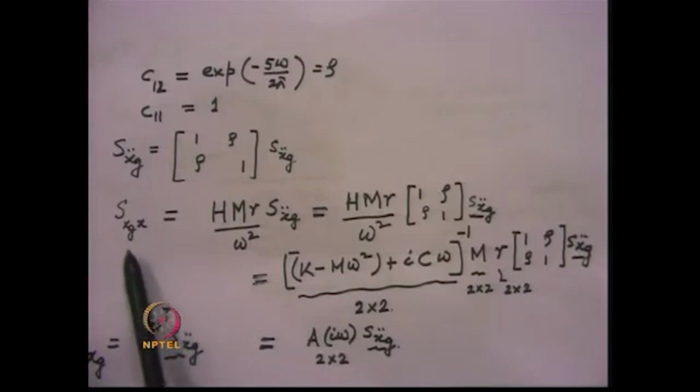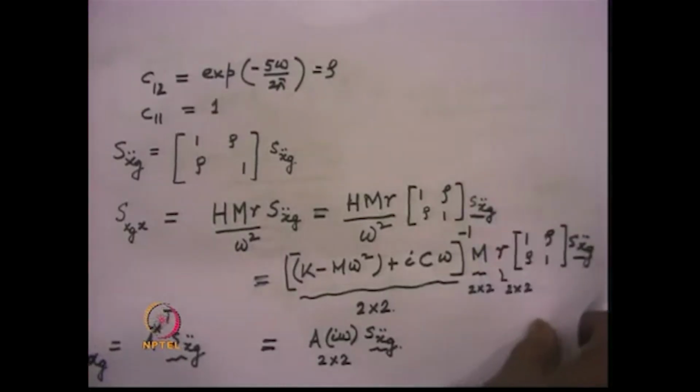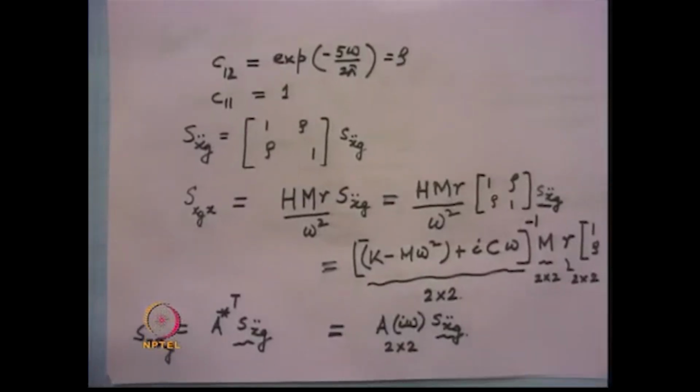And once we know the value of this matrix Sx Gx, then one can obtain Sx xg. This is Sx xg equal to Sx Gx star transpose.